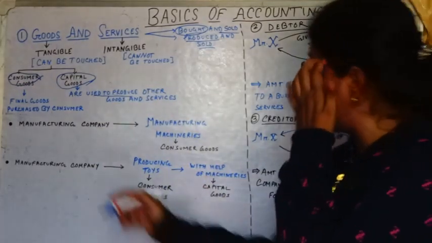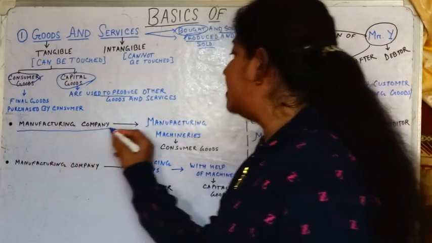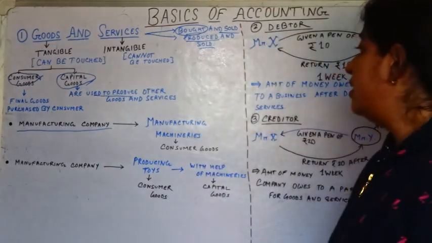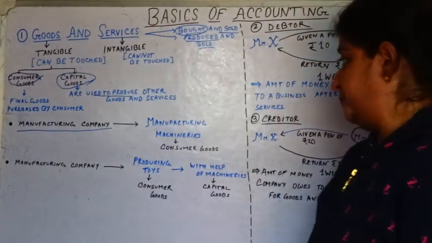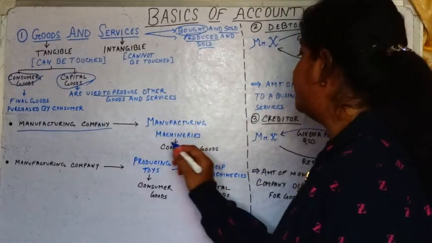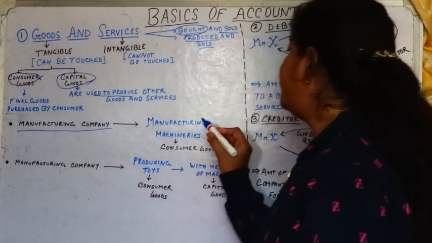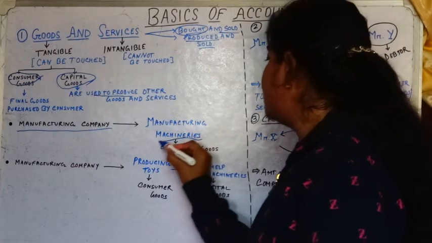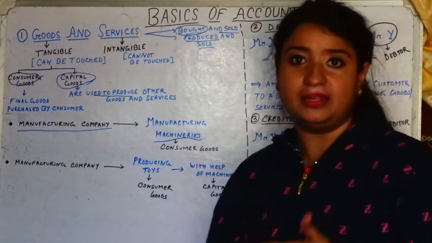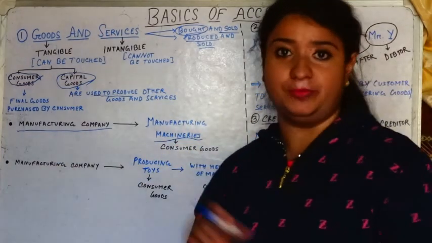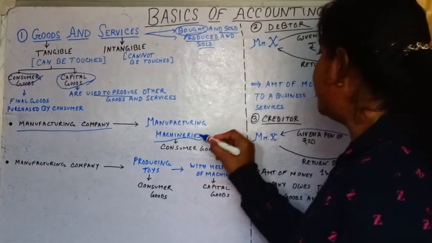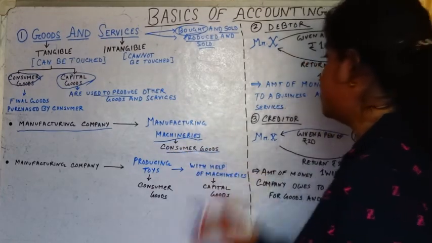So here I have given an example so that you can write it and remember it. A manufacturing company is manufacturing machineries. Now a manufacturing company is manufacturing machinery, and the machinery is sold directly to the consumers. Now the machineries become the consumer goods.